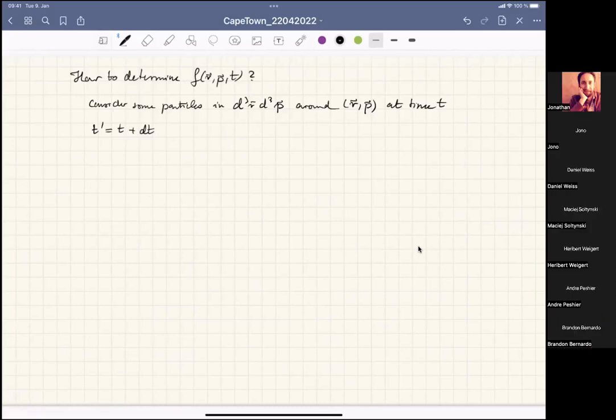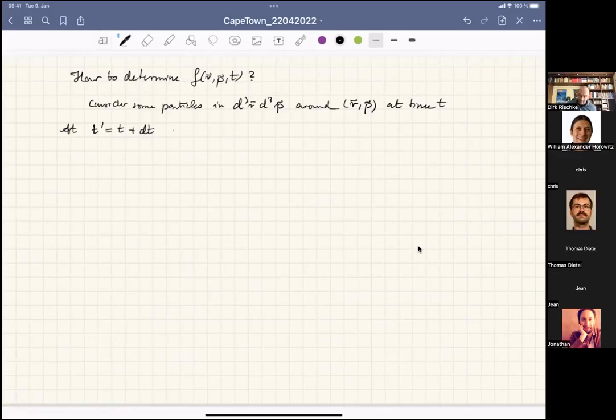So the new positions at t prime equals t plus dt. The new position will be r prime, which is r plus an infinitesimal position shift. I assume that you don't get something outrageous in a small infinitesimal time interval, so dr is also infinitesimal.